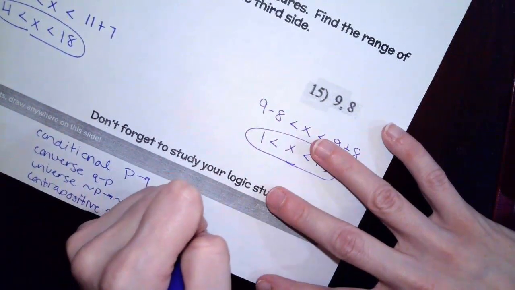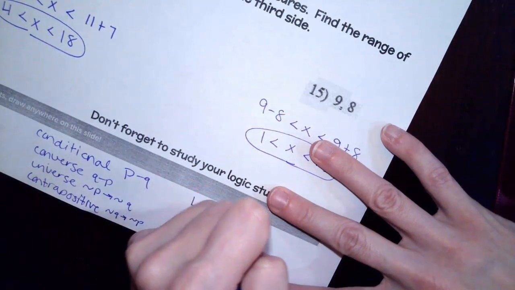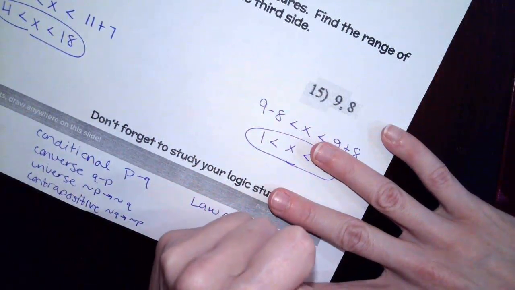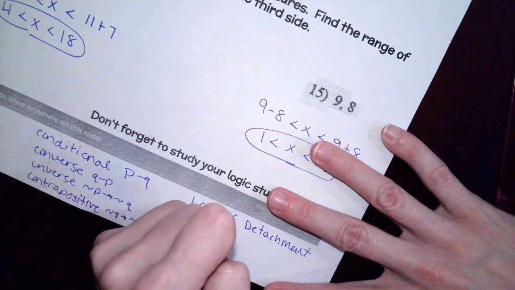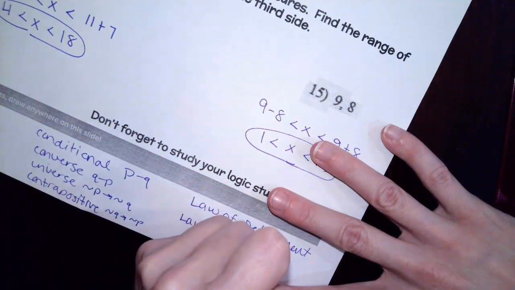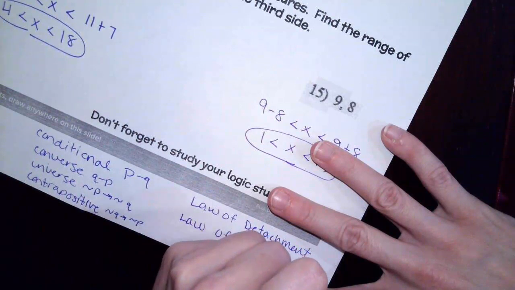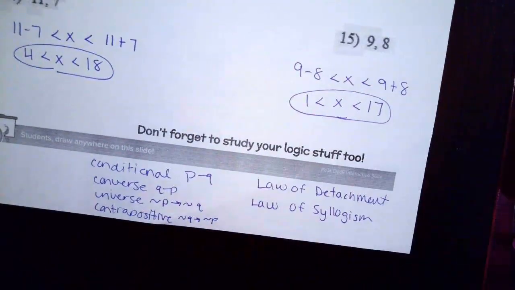And then you have the laws. You have the law of detachment and the law of syllogism. Remember, law of detachment, that was the short one. Law of syllogism, that was the long one.